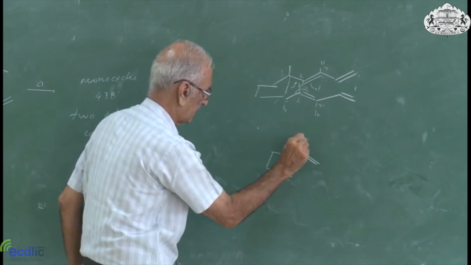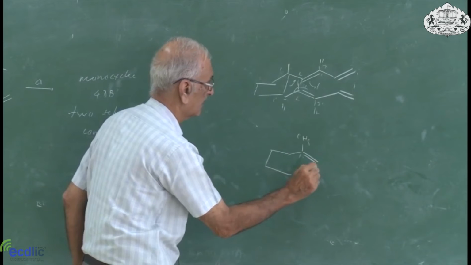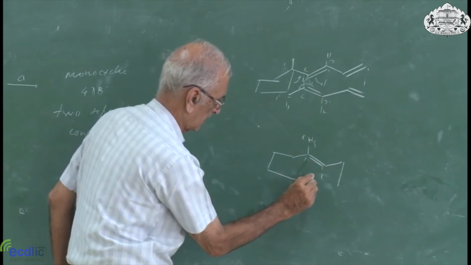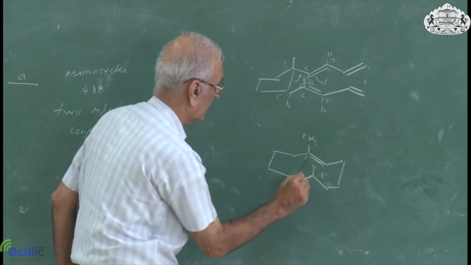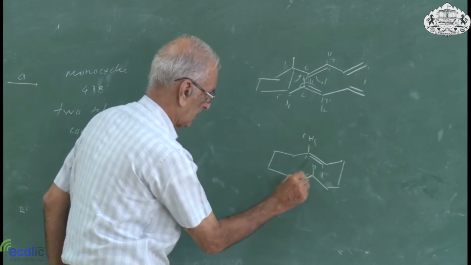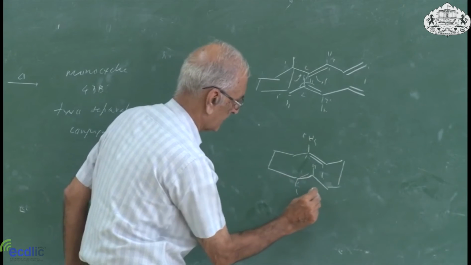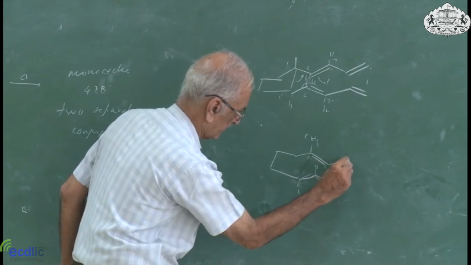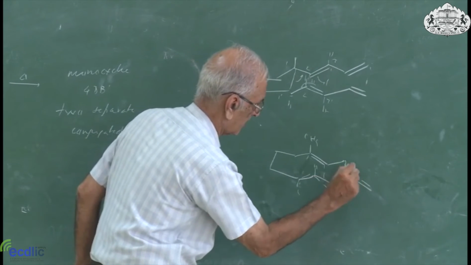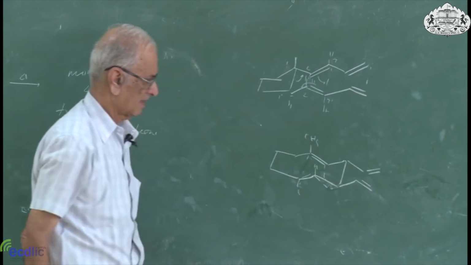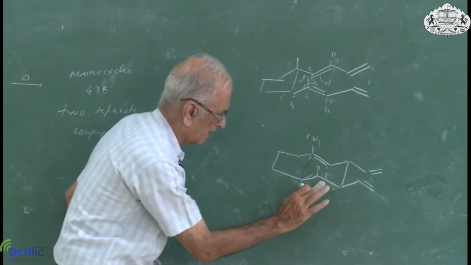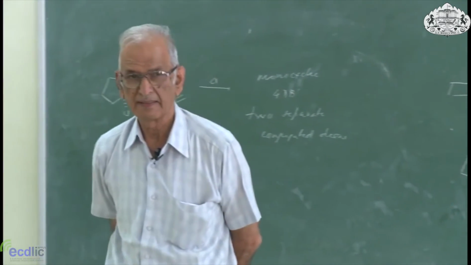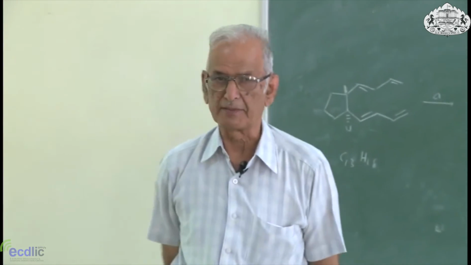Methyl and hydrogen trans. Hydrogen and hydrogen trans. We got 2 trans double bonds, but there is no conjugated system.